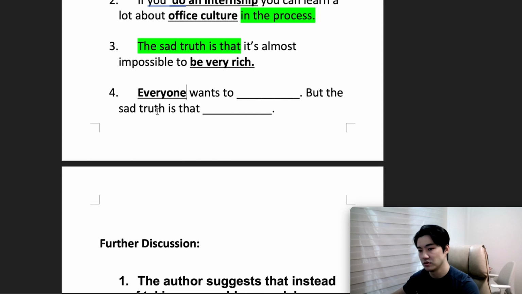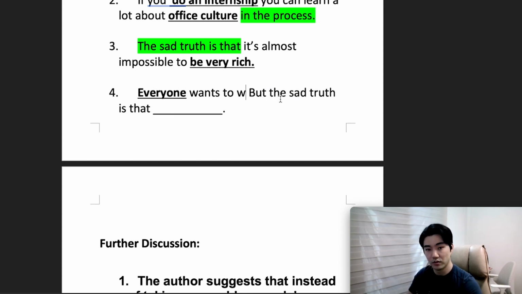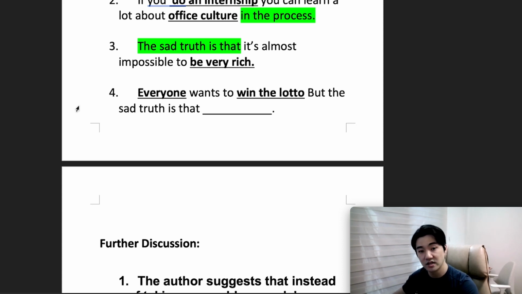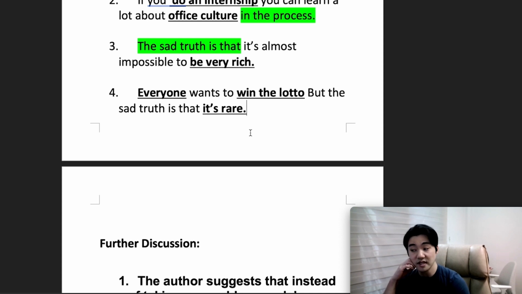Everyone wants to, let's say, win the lotto, but the sad truth is that it's rare. Okay? So, 모든 사람들이 로또에 당첨되기를 원해요. 하지만 슬픈 사실은 그것이 드물다는 것이다.